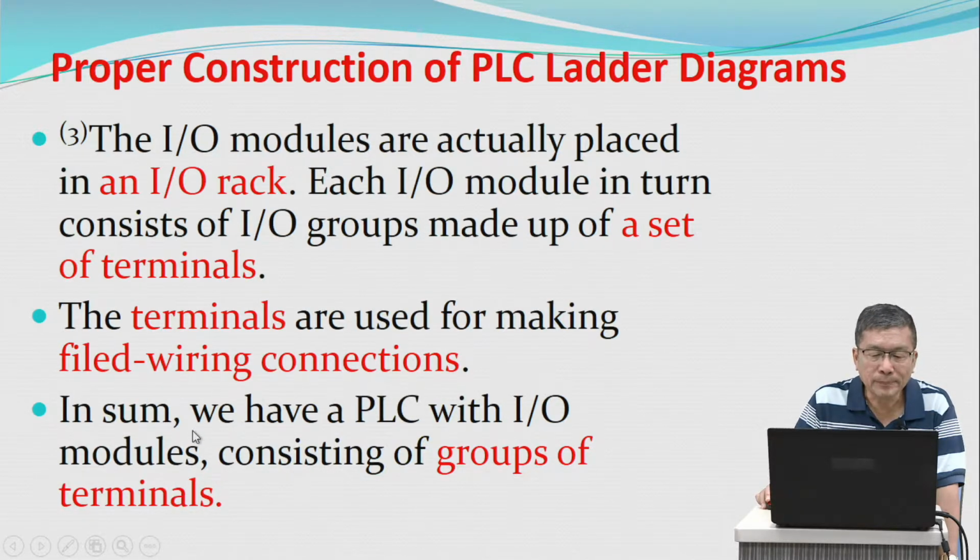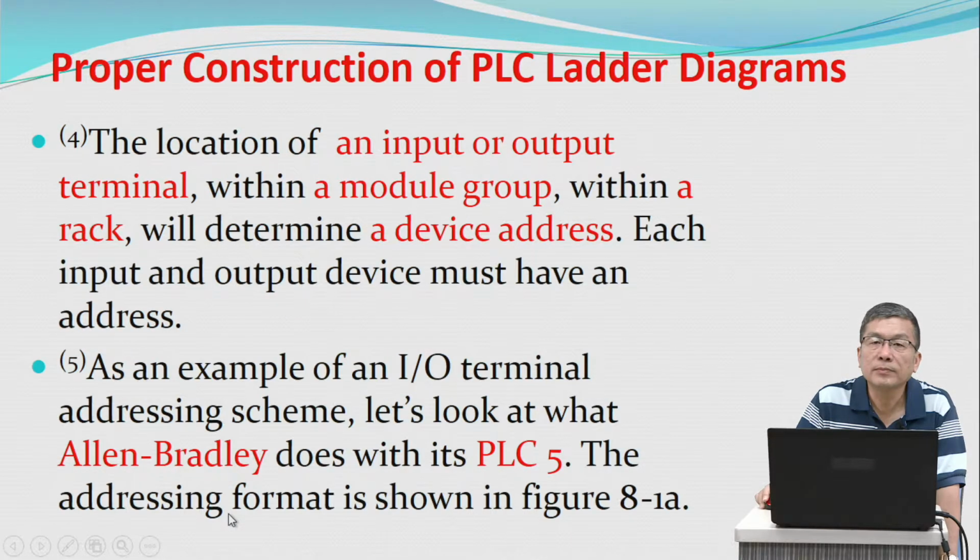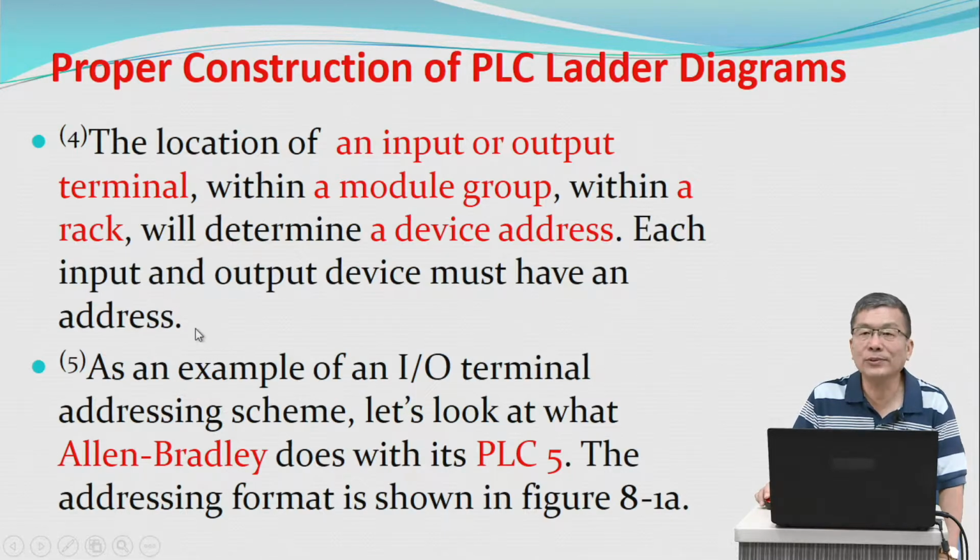In sum, we have a PLC with I/O modules consisting of groups of terminals. The location of an input or output terminal within a module group within a rack will determine a device address. Each input and output device must have an address.